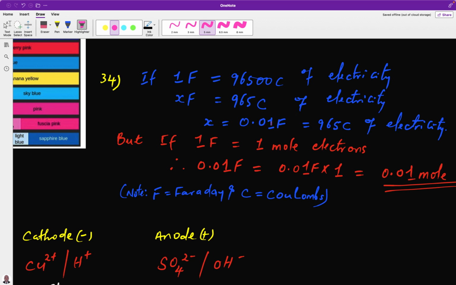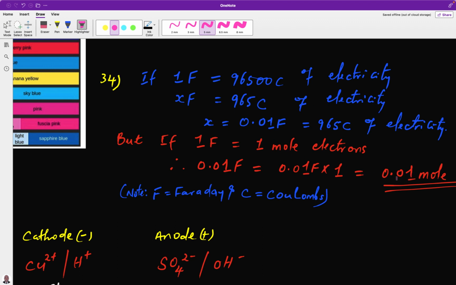So 0.01 Faraday is going to give us 965 coulombs of electricity. But it should be remembered that 1 Faraday is equal to 1 mole of electrons. Therefore, 0.01 Faraday will be equal to 0.01 times 1, and how many moles are there?